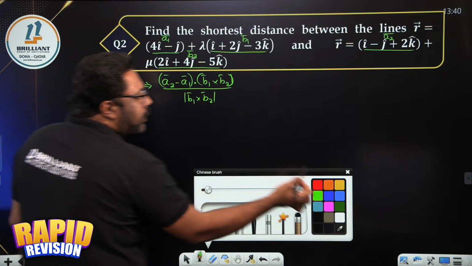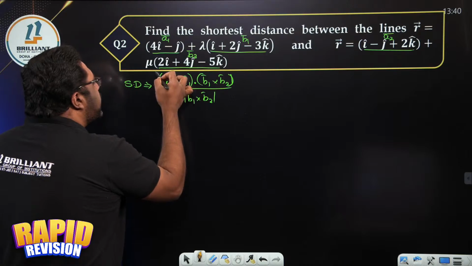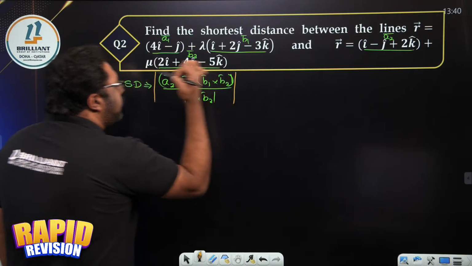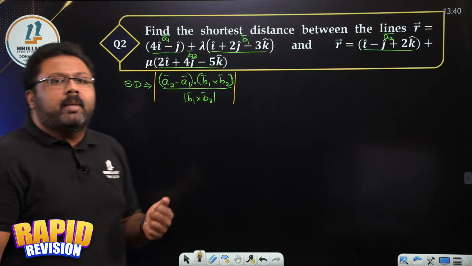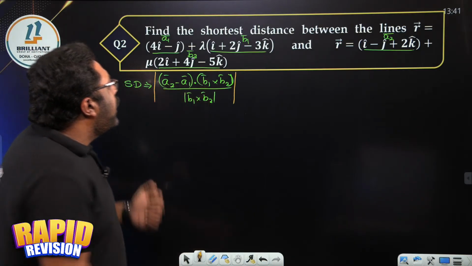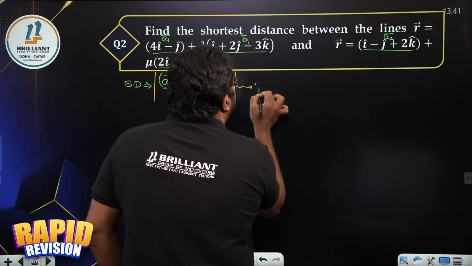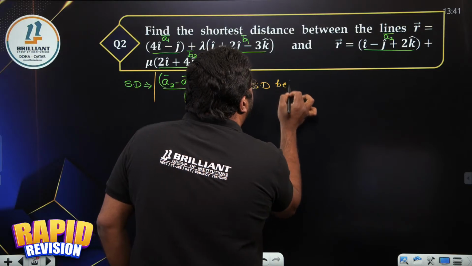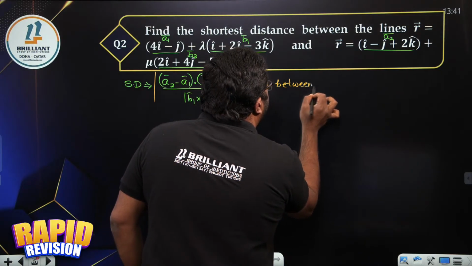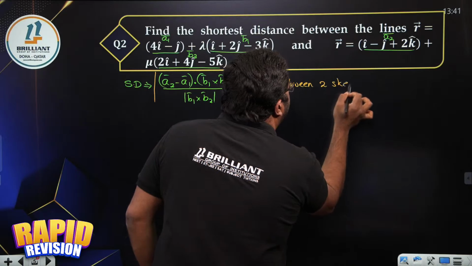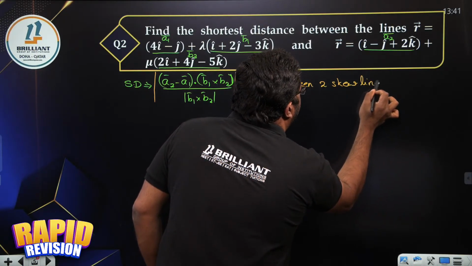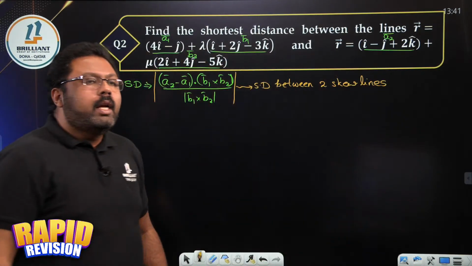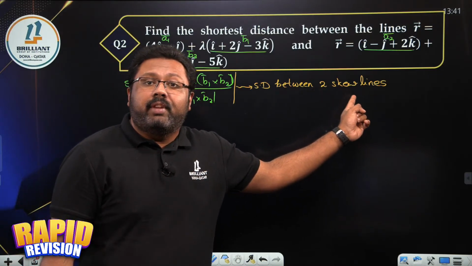But since distance is always positive, we put a modulus for this, because the dot product could become negative as well. So this is the formula for shortest distance between 2 skew lines. It's a very good concept for assertion reason.